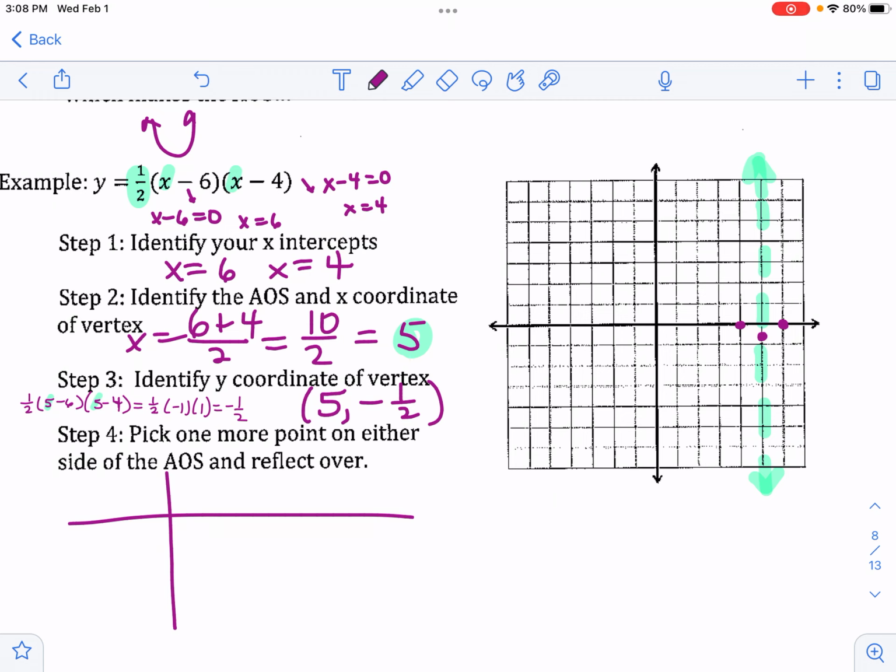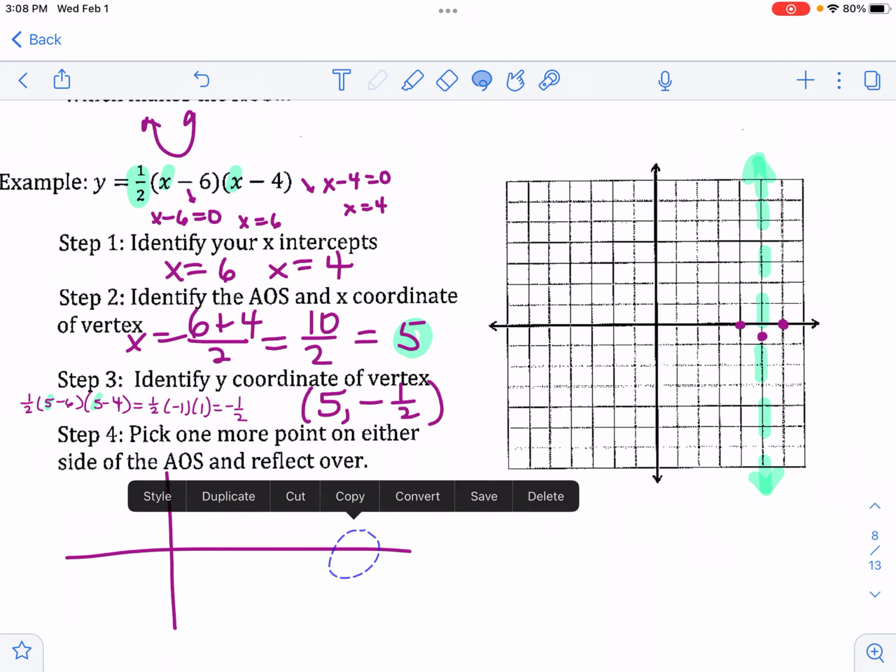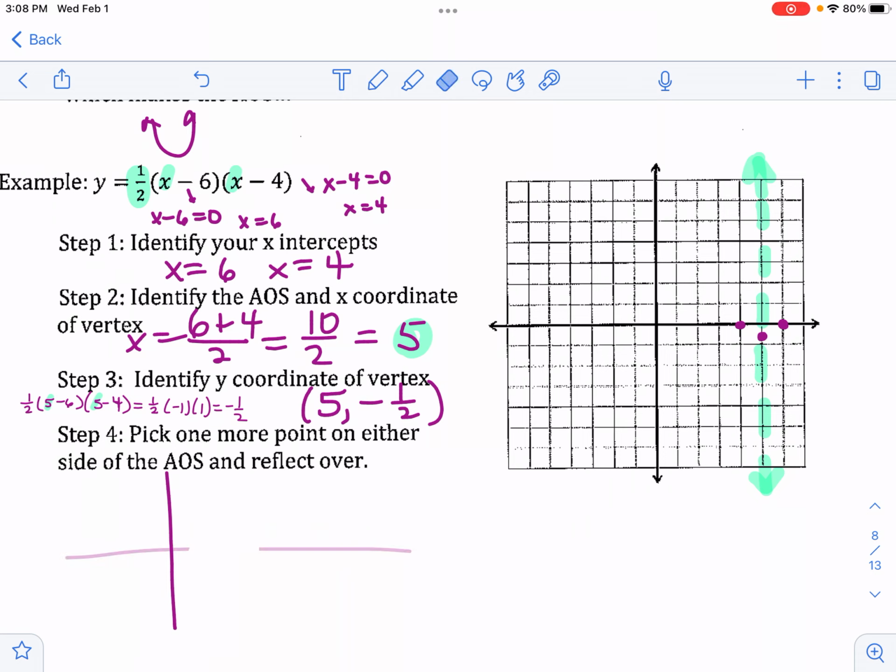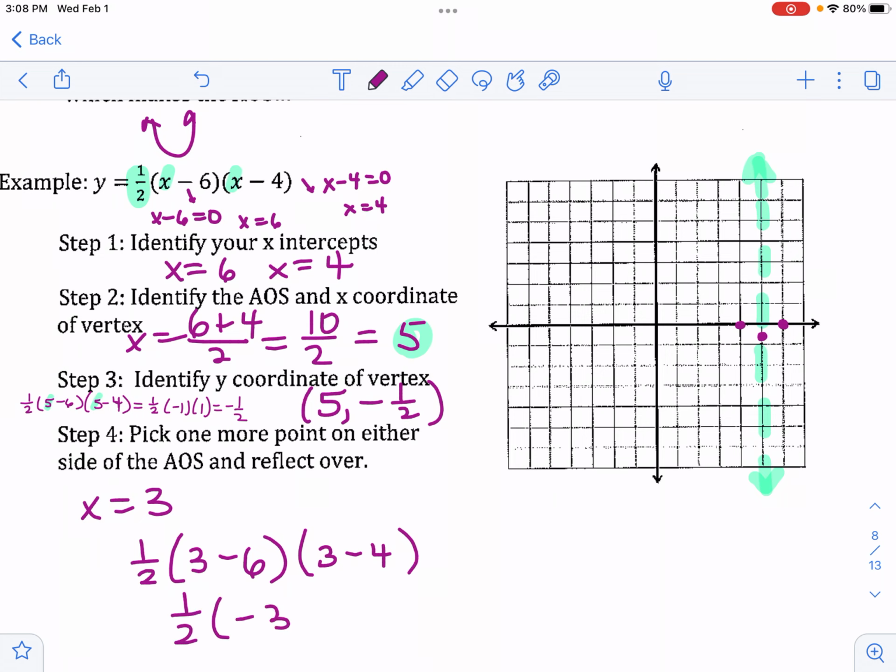Thank you. All right, so now I can check out some things hanging out near that point. And actually, I only have to do one more, that would be fine. All right, so I already have things hanging out for 4 and 6. Let's just try 3. All right, if x equals 3, I can plug in 3 minus 6 times 3 minus 4. So I have 1/2 times -3 times -1.